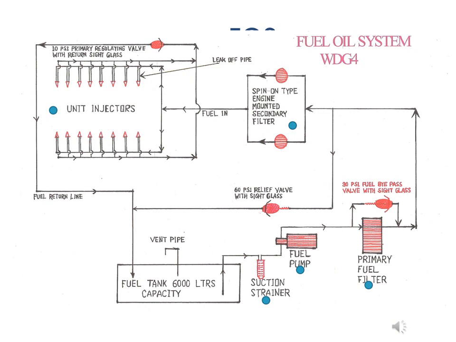Therefore, the excess fuel cools the lubricant and lubricates the internal parts of the unit injectors and returns to the return fuel sight glass and back to the fuel tank. A relief valve at the inlet to the return sight glass stabilizes the fuel back pressure, thus maintaining a positive supply of fuel for the injectors.